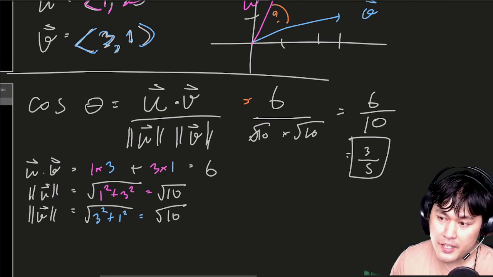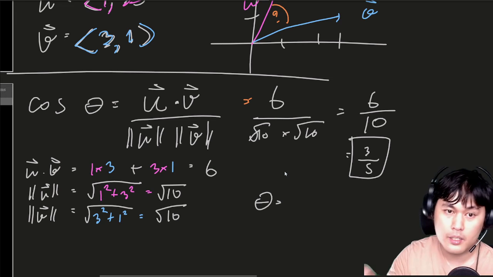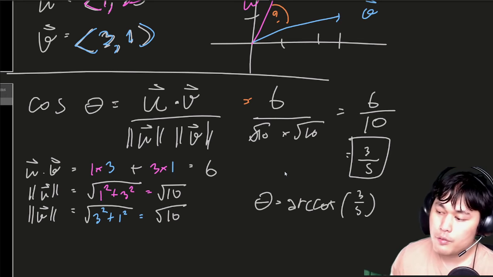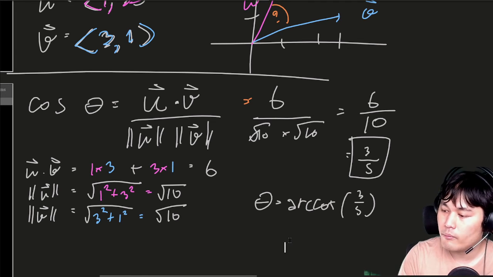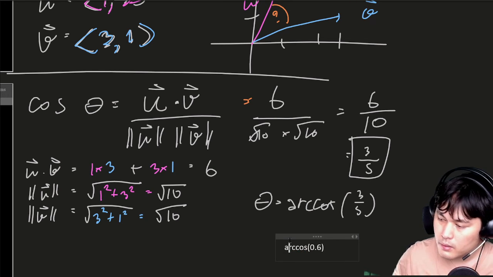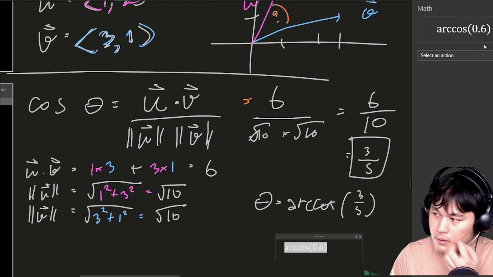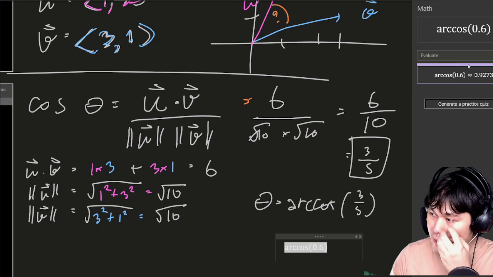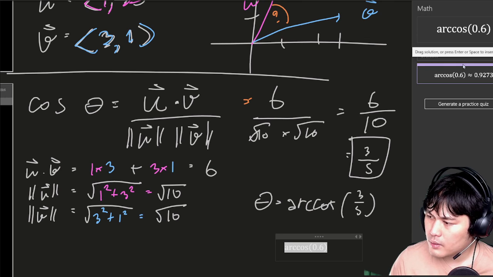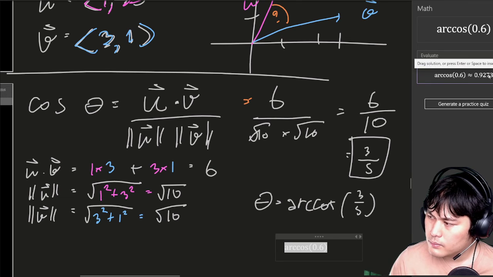And if you want to find the exact value of this angle, you can use the inverse function and say that angle is the inverse cosine of 3 over 5. Let me see if I can use this math. Oh, I can. That doesn't feel right. I think it's in radians.